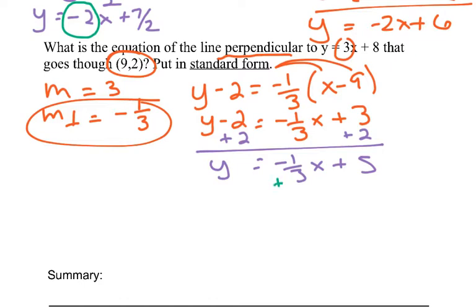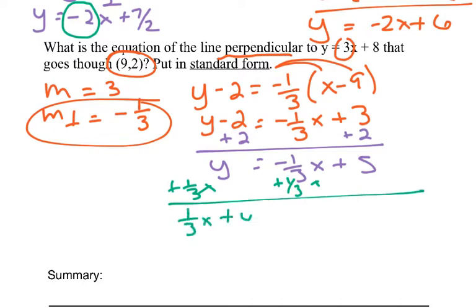So I'm going to add 1/3 x to both sides. So I've got 1/3 x plus y equals 5. And then remember, in standard form we want to clean that up and have no fractions, so I'm going to multiply everything by 3. 3 times 1/3 is 1x. 3 times the y would be 3y, and 3 times the 5 would be 15.